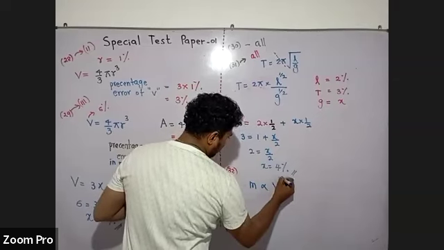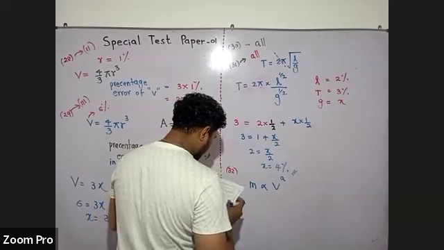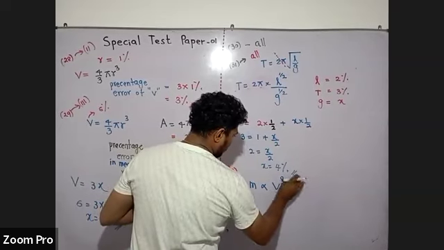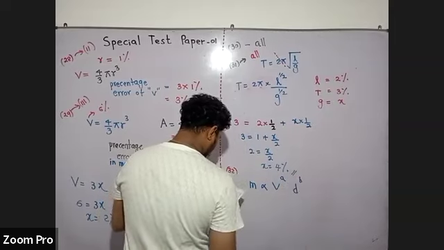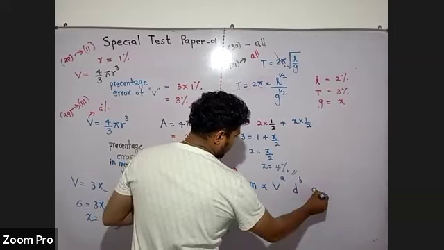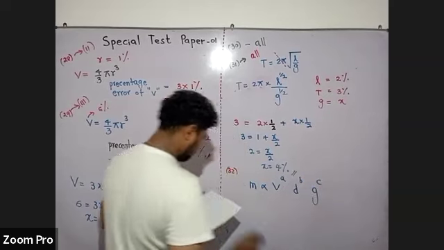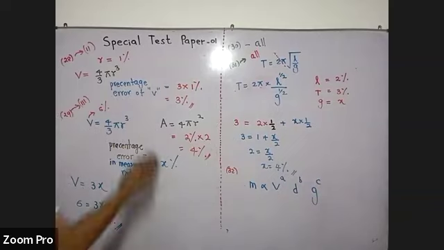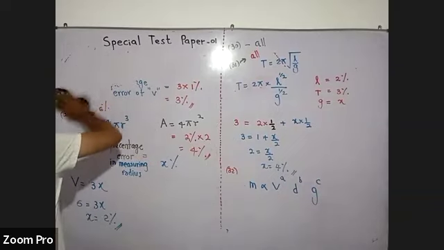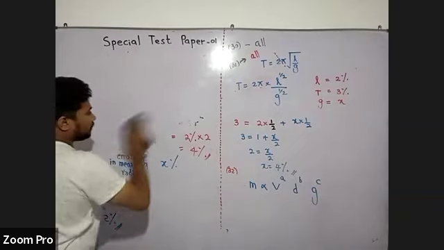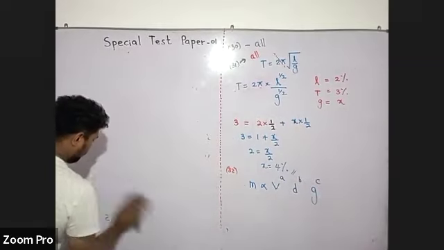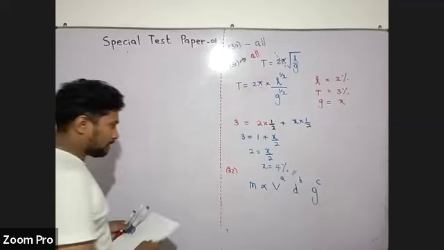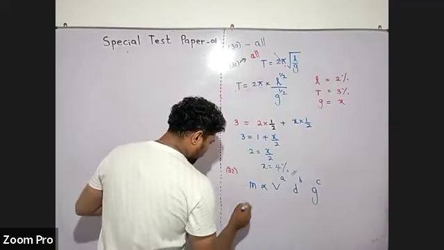Let's consider this one as v to the power of a, density of water, d to the power of b, and acceleration due to gravity, that is g to the power of c. Right. So now what we have to do is, we have to do the dimension analysis and derive the equation, right? So let's substitute the dimensions.